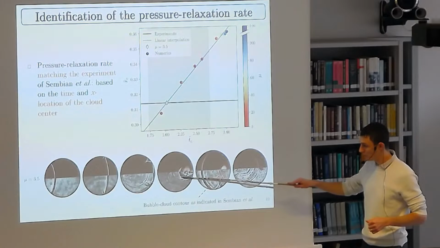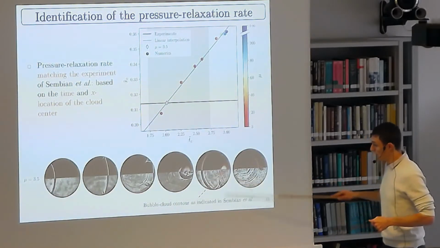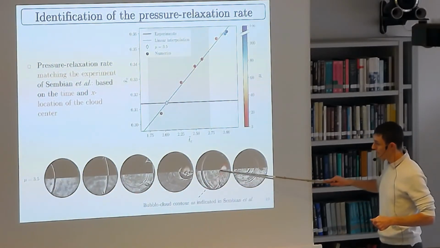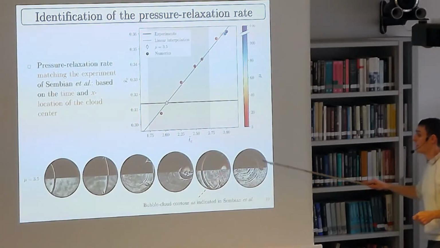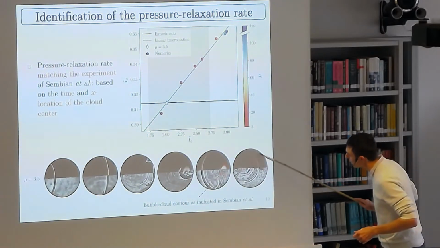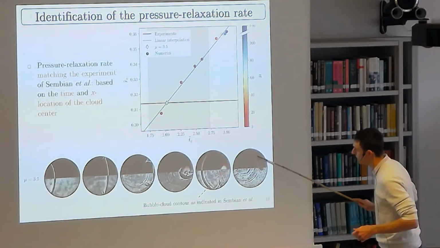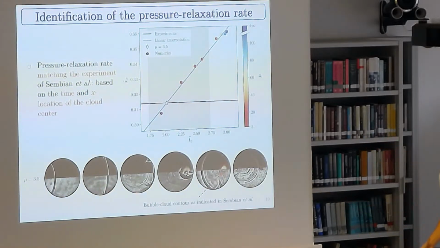So we have the waves, we have the cloud, we still have the waves here, and we have more or less the same contour of the cloud in the same location. We don't really see well the shock waves emitted here, but I can tell you they are here. So we see basically everything that is seen in the experiment.